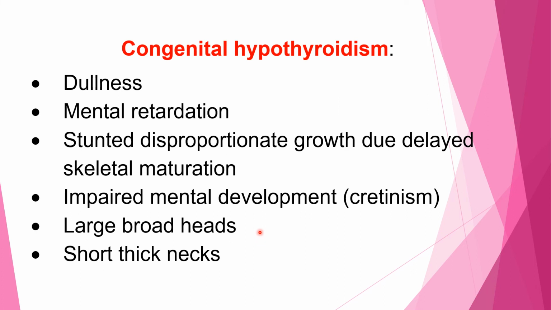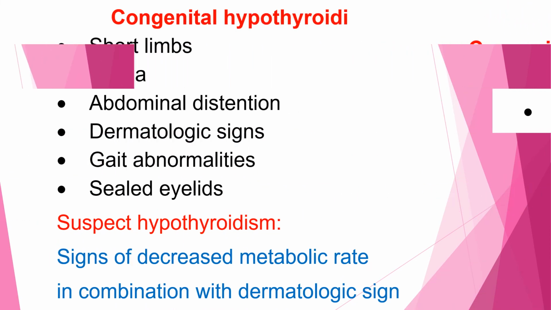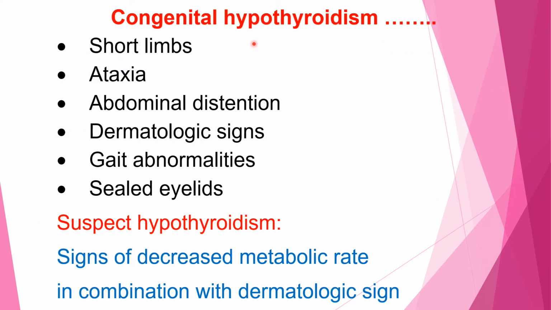The dogs suffer from clear-cut abnormally large broad heads. That is because of congenital deformities. The neck is short and thick, so that suggests disproportionate growth of the body parts. Continue with the congenital hypothyroidism.